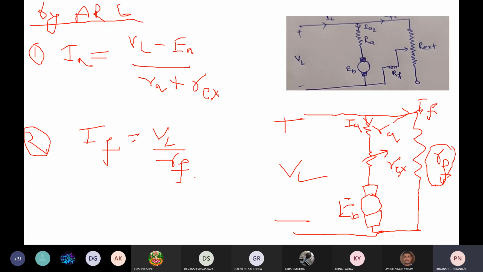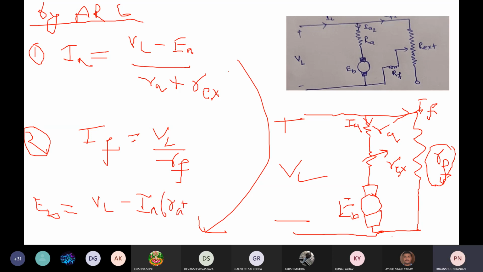Okay, so my first question is that this increases na, in equation first, EB equal to VL minus IA into RA plus R external.